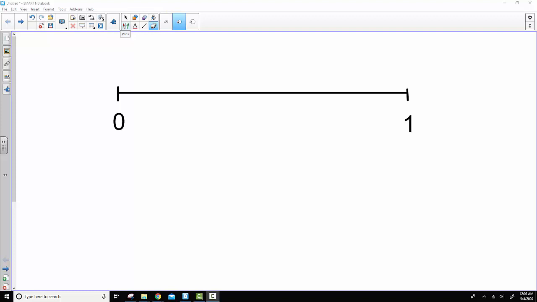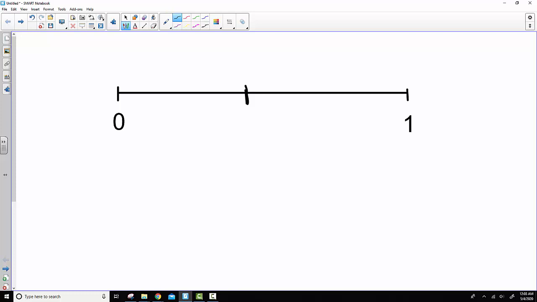So today, students, we're going to talk about number lines and how fractions are shown on a number line. You can see that this line segment is from 0 to 1. But then I might add another point between 0 and 1.